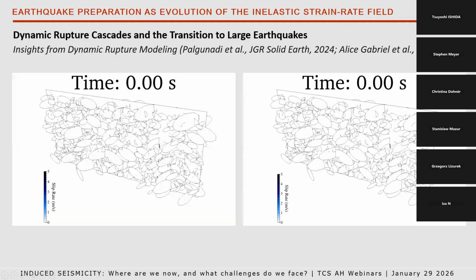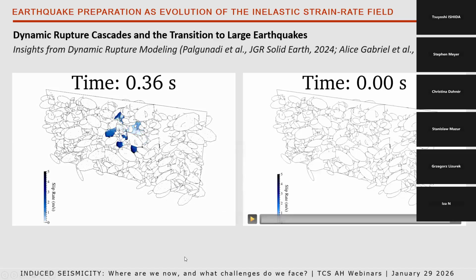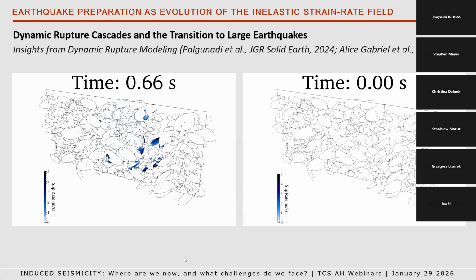Here I would like to present the first examples based on dynamic rupture cascades, for which Alice Gabriel and Kadek Palgunadi shared the data with me. These are simulations done by the group of Alice.